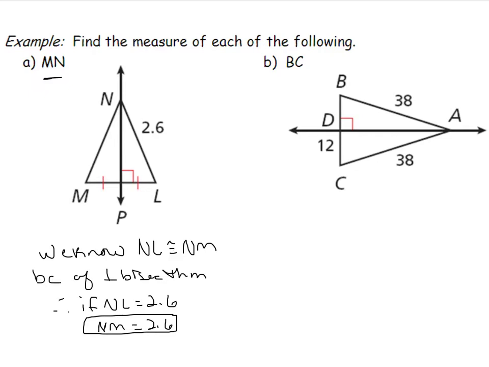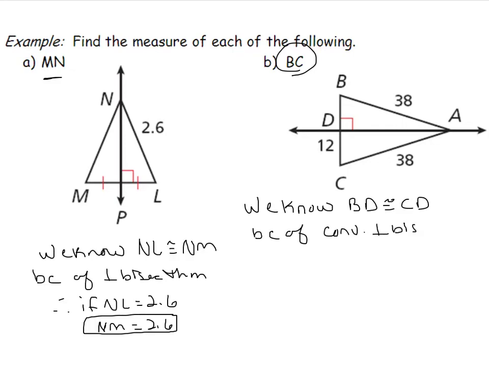All right, part B, you were looking for BC, okay? So you should know, I'm going to write this out the way I did before, we know BD has to be congruent to CD, and this was because of, now not the perpendicular bisector theorem, but the converse of the perpendicular bisector theorem.